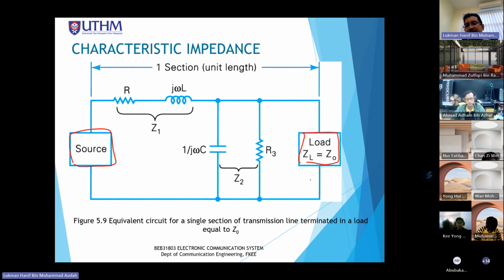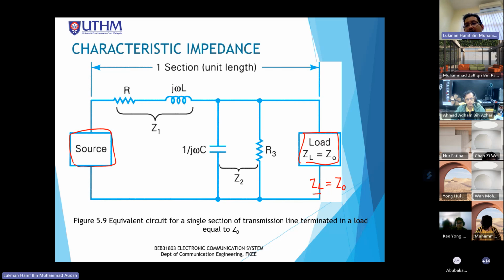So we must make sure that ZL, the load impedance, equals the characteristic impedance if we want to make sure that all of the power from the source is absorbed by the load.